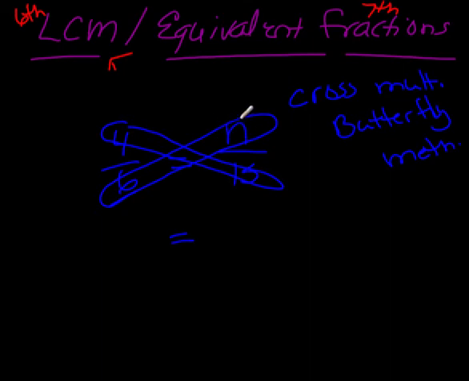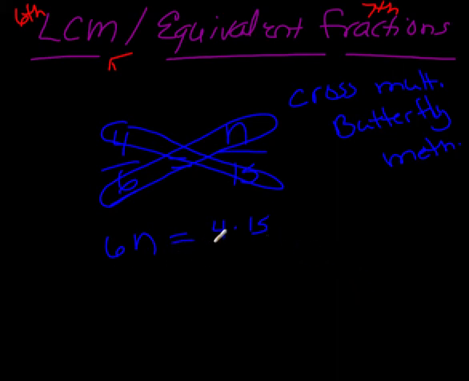I'm going to put my variable, meaning the unknown number, on the left side, along with the 6, because I'm saying 6 times n. And I'm going to put the 4 on the right and multiply it by the 15. Do you see how I set that up? So 6 times n on this side, 4 times 15 on that side.